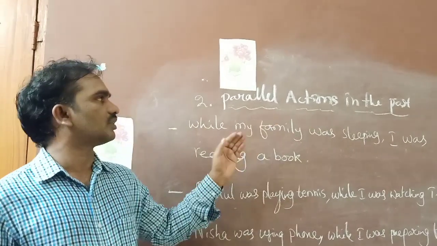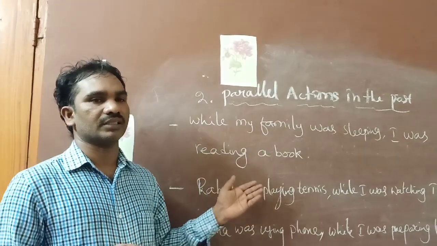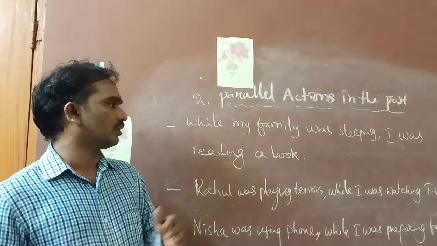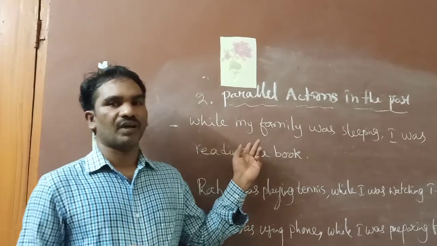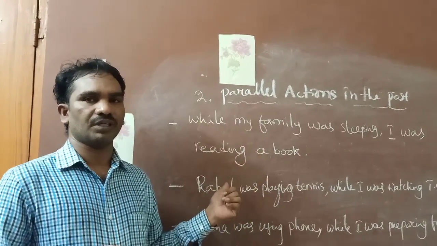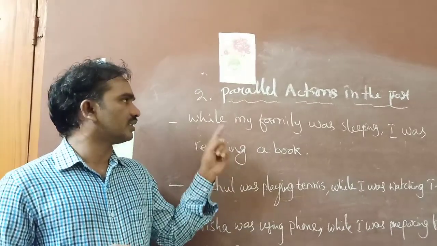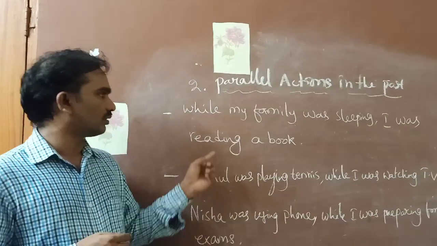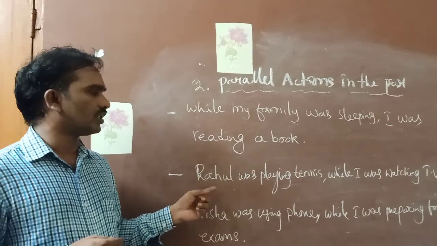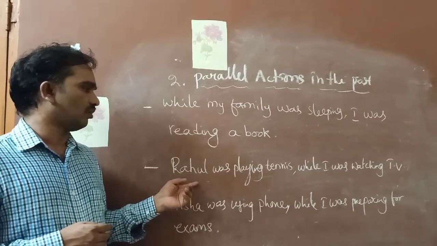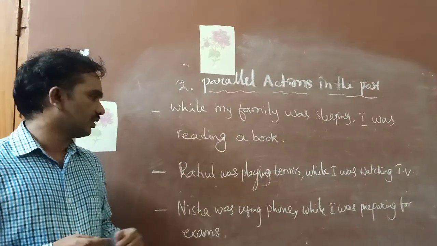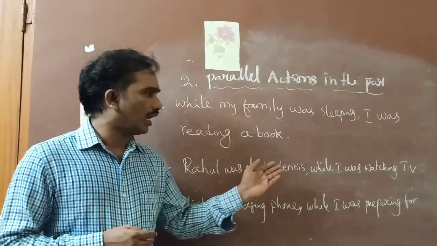Parallel means two actions are occurring at the same time, simultaneously. Both were going on simultaneously. It is different from the first rule. The second example: Rahul was playing tennis while I was watching TV. Rahul was playing, I was watching.